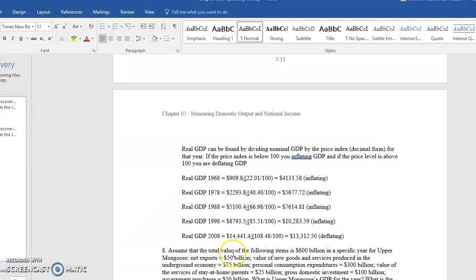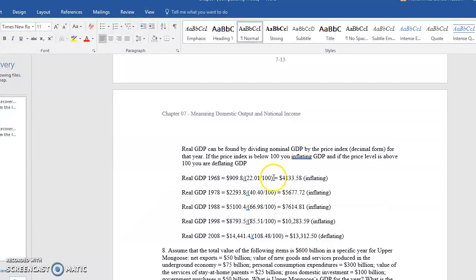So let us go to the last one. Real GDP for 2008: nominal GDP is 14,441.4, and the price index is 108.48. If we divide and then multiply by 100, it will be 13,312.50.